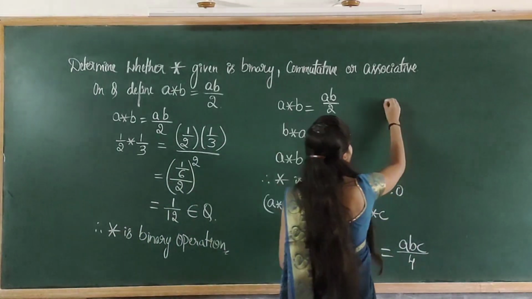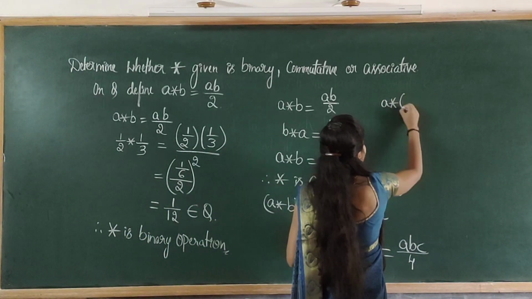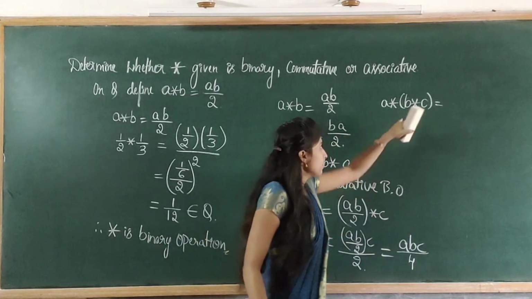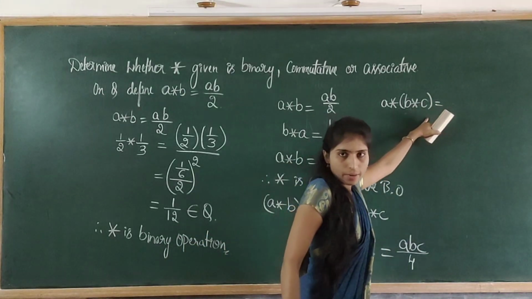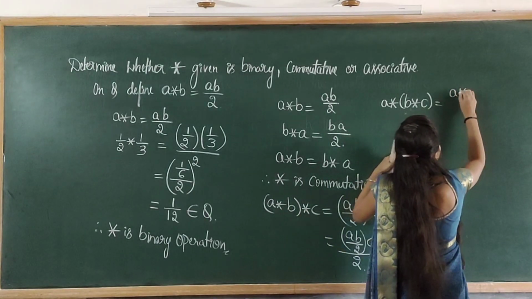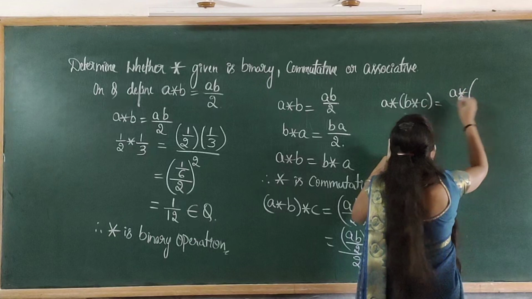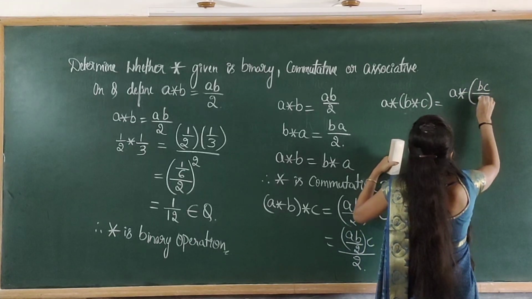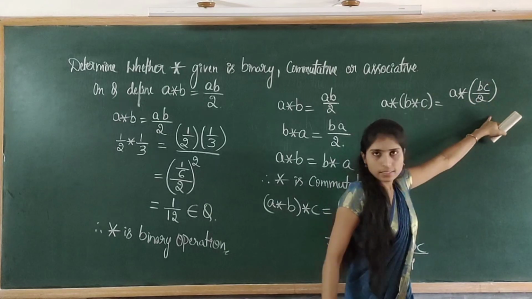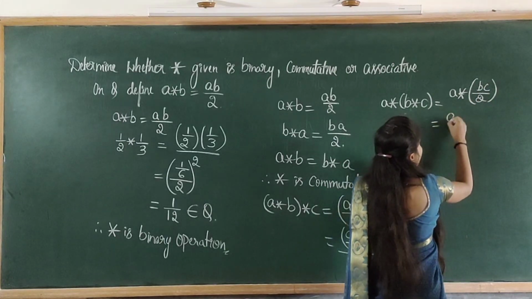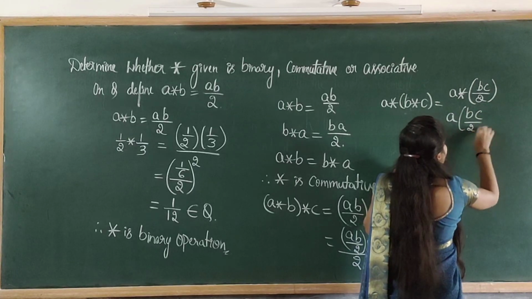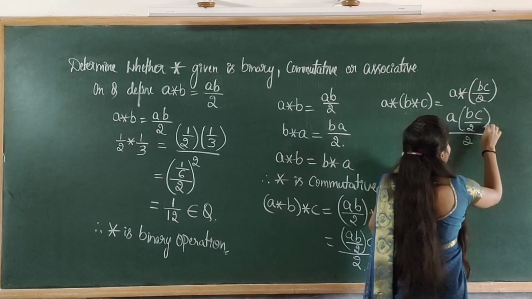See here, (A star B) star C is equal to ABC divided by 4. The next, I will write A star (B star C). For that, this is in the form of A star B. Here, B star C is BC by 2. So, A star BC by 2, now it is in the form of A star B. For that, I write A into BC by 2, divided by 2.